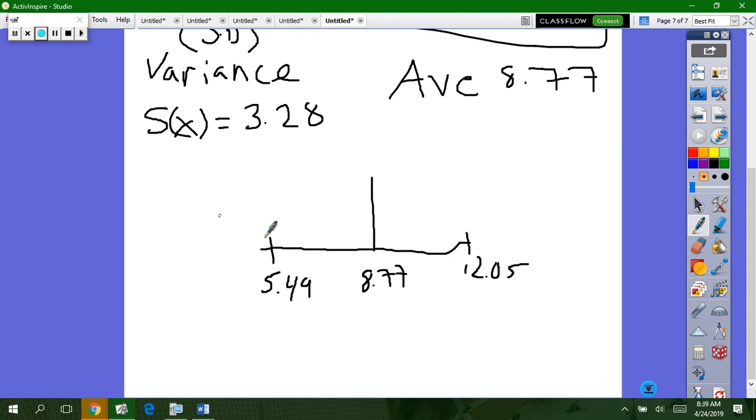Now I'm going to go out 2 standard deviations. When I go out 2 standard deviations, right here I get a 15.33. And over here I get a 2.21. Now on the low side, I've covered all of our data, haven't I?